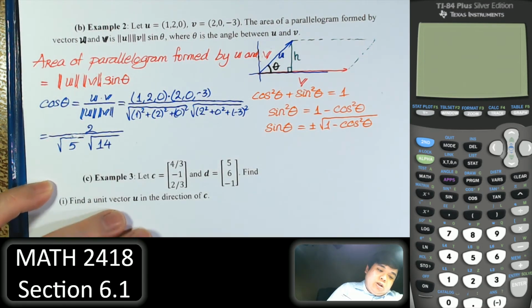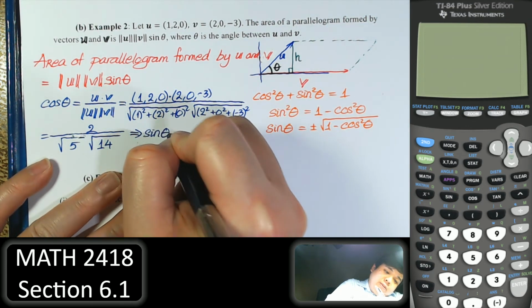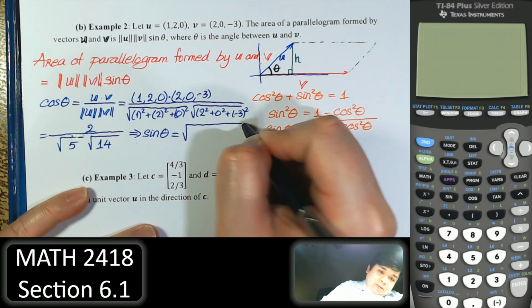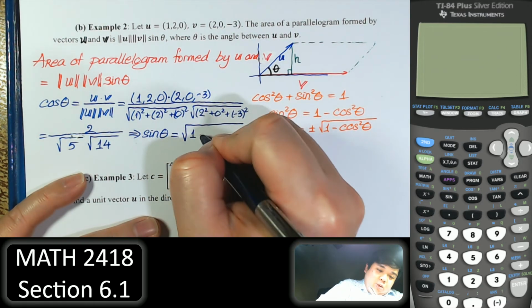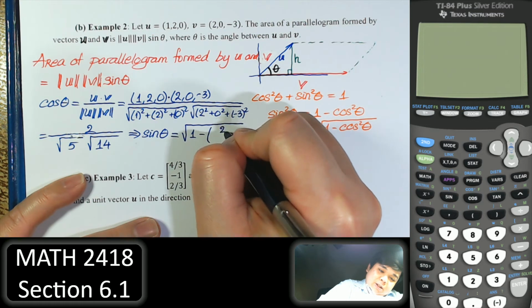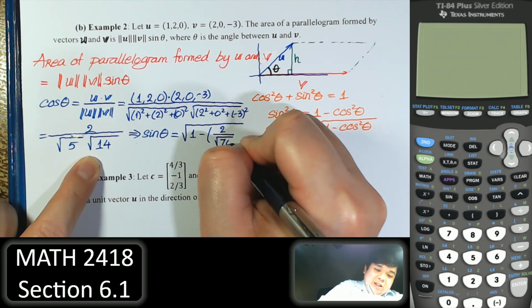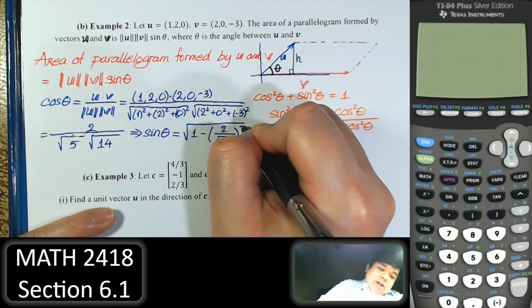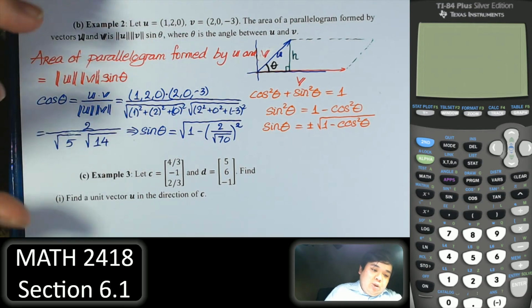So that is cosine. That gives us sine equal to the square root of 1 minus cosine squared. 5 times 14 is 70. We just do that.